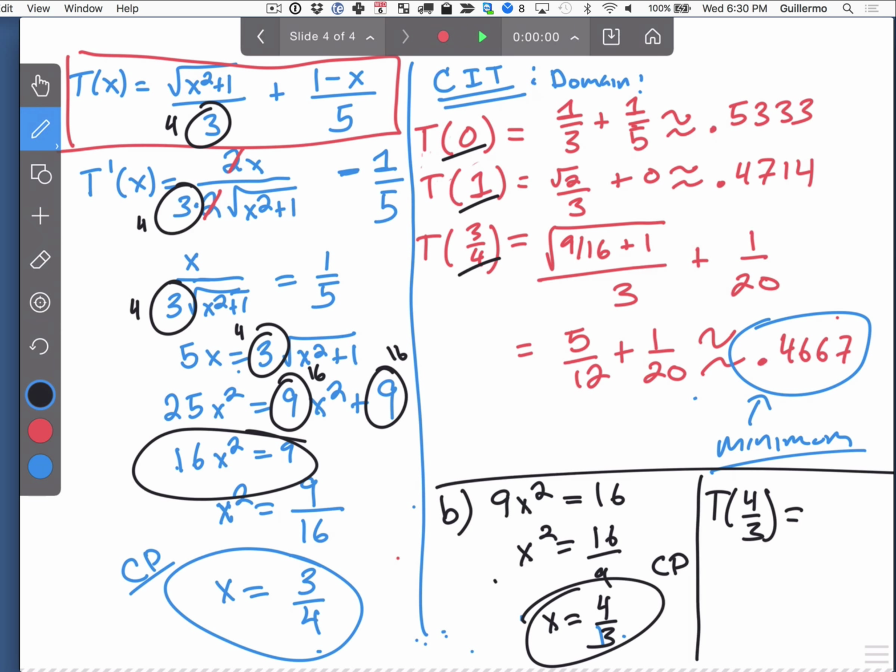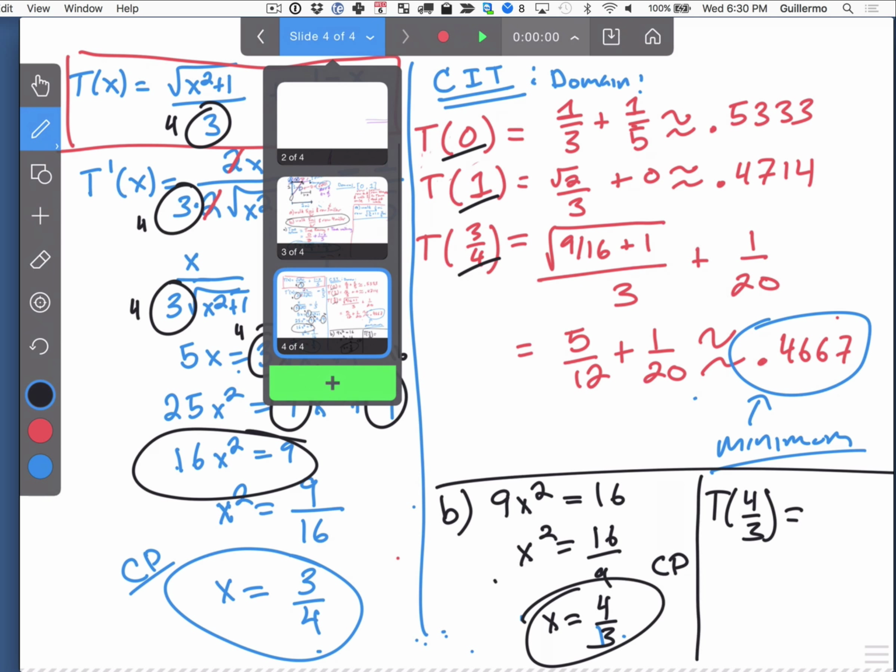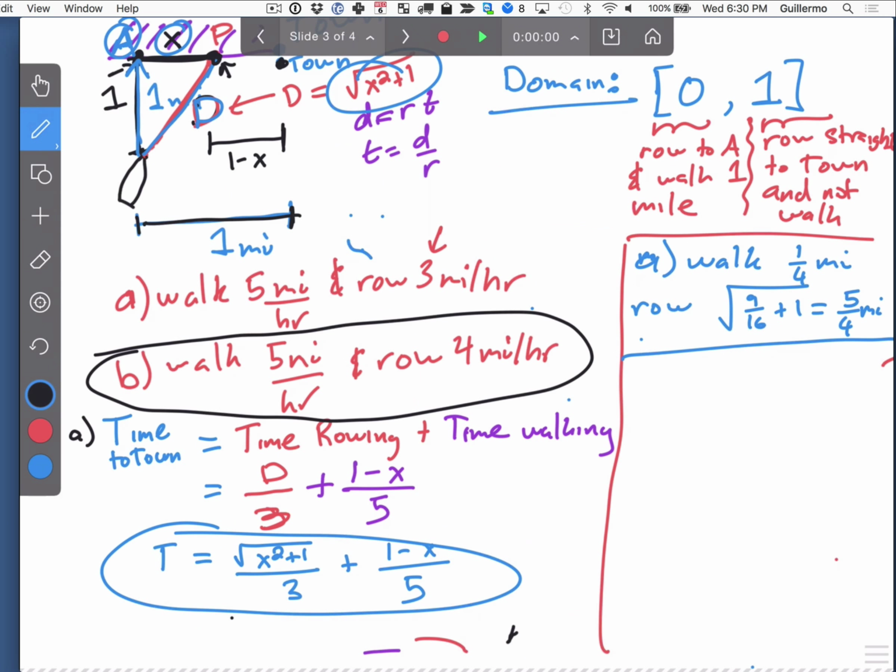So the critical point that you found puts you rowing not to town, but past town. But that's because when you're doing the calculus, you were given a function and you're not bounded, meaning the function itself is not bounded between 0 and 1.